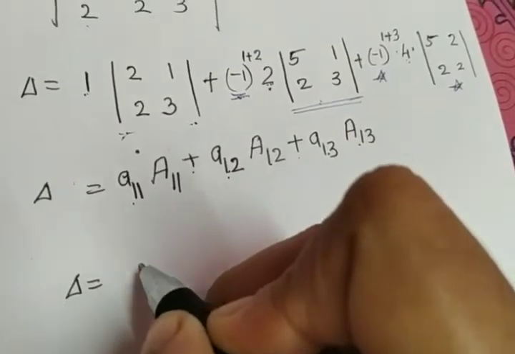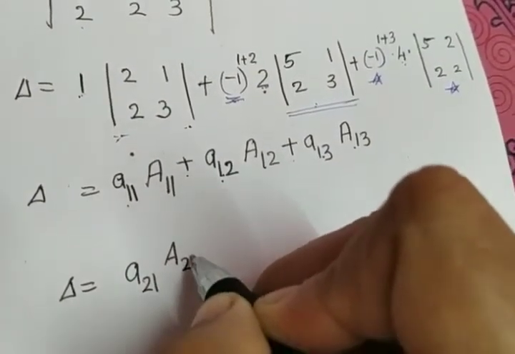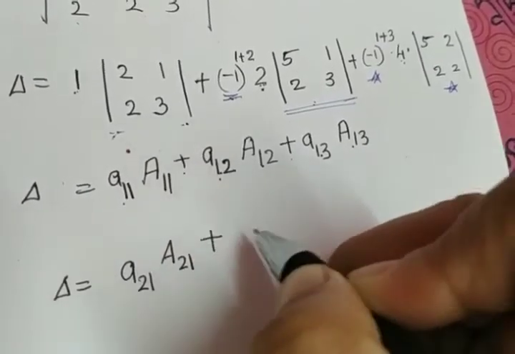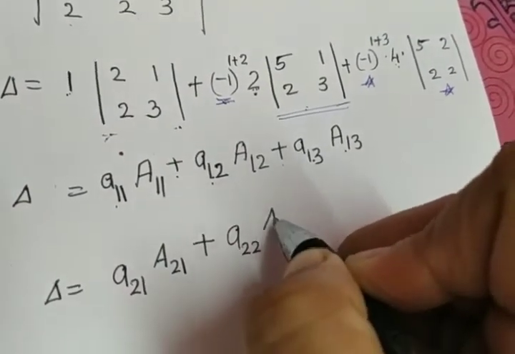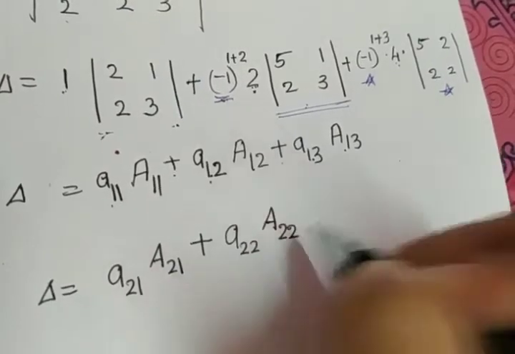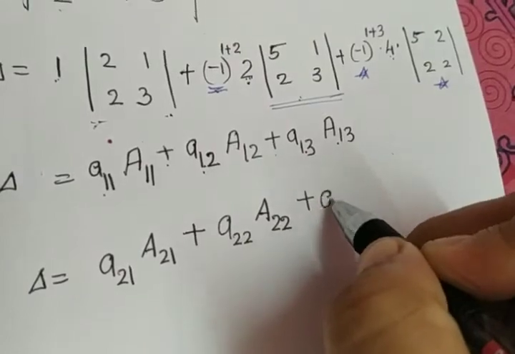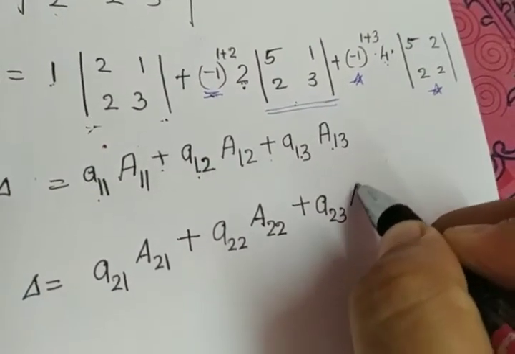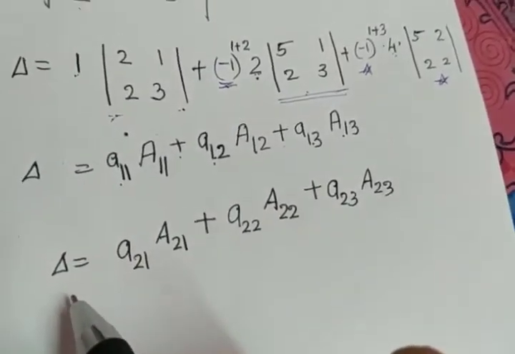Second row, first element, what is the position? A21 into its cofactor capital A21, plus the next element in the second row, A22, into capital A22, plus the third element in the second row, A23, and its cofactor capital A23. This sum will give you the determinant value.